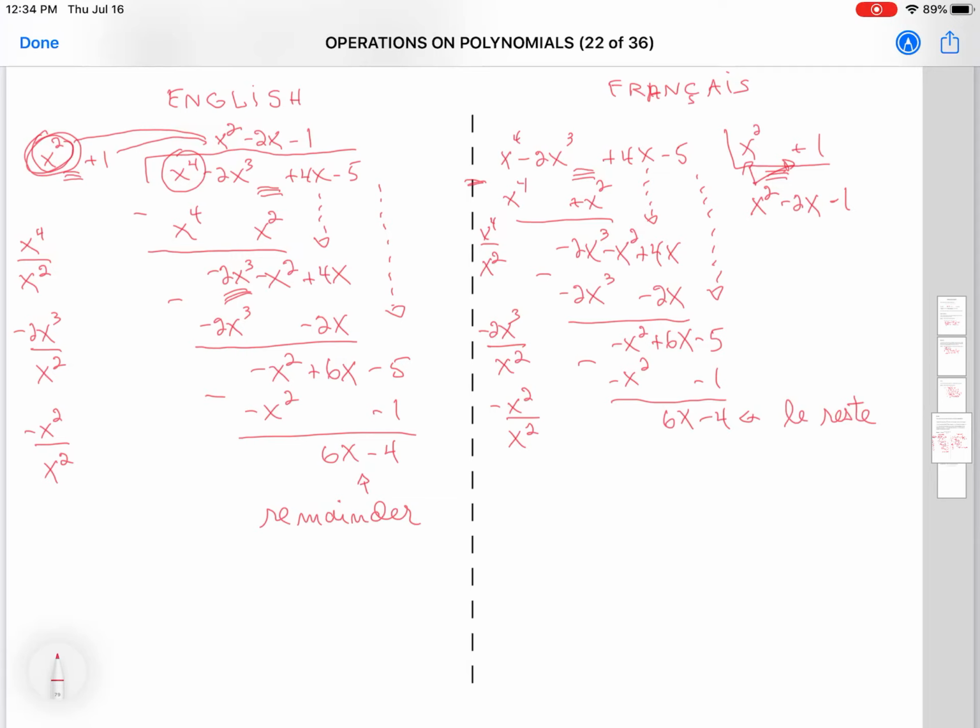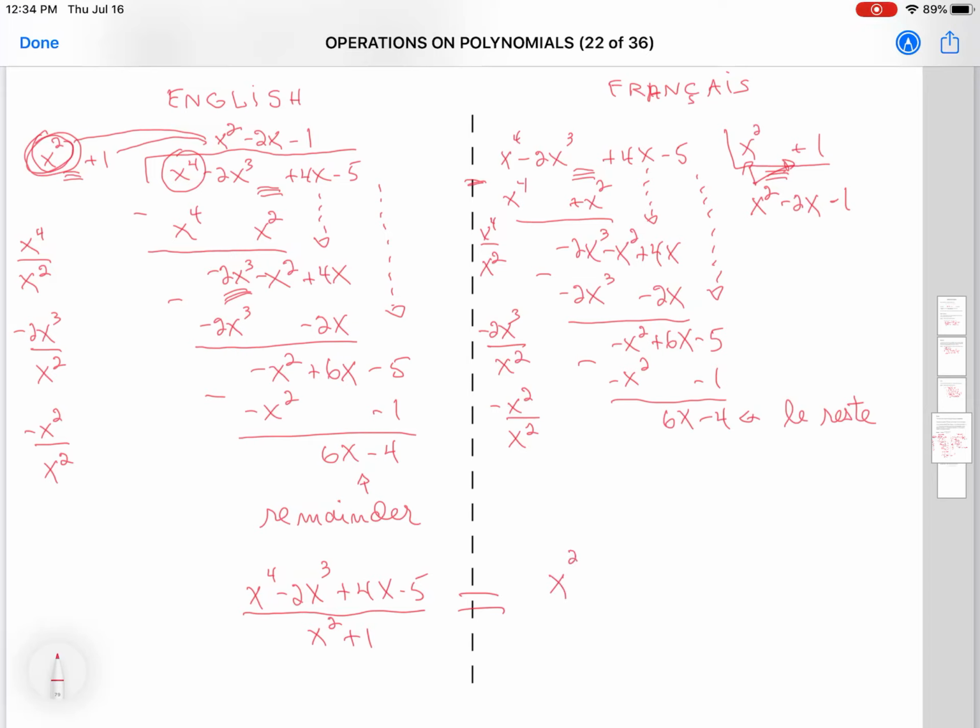So how do we write the outcome of this operation? Well, we could write it this way. x⁴ minus 2x³ plus 4x minus 5. We were asked to divide this by x squared plus 1.